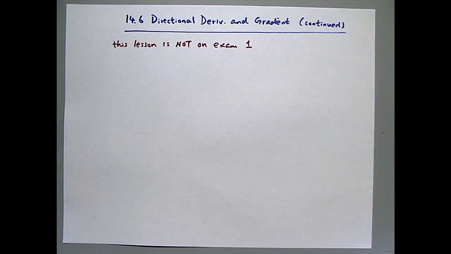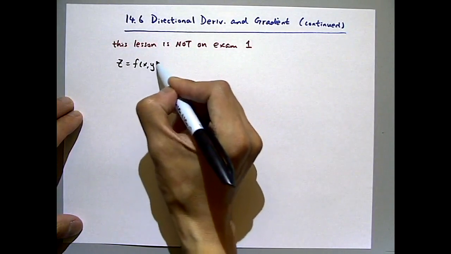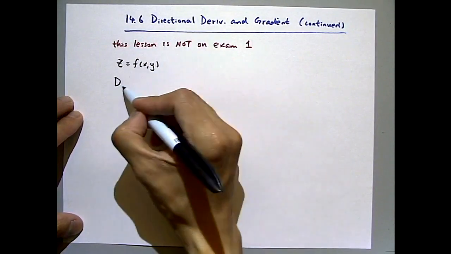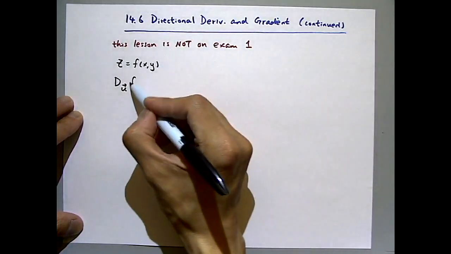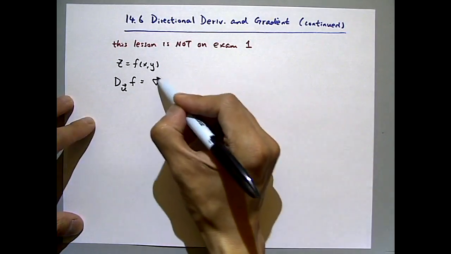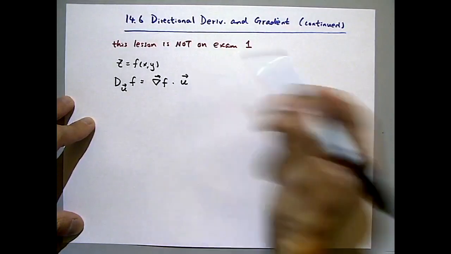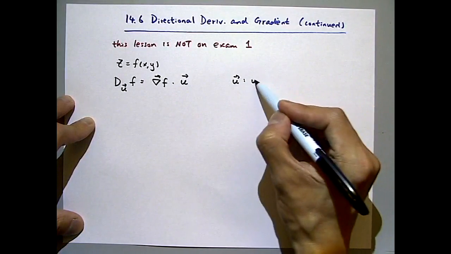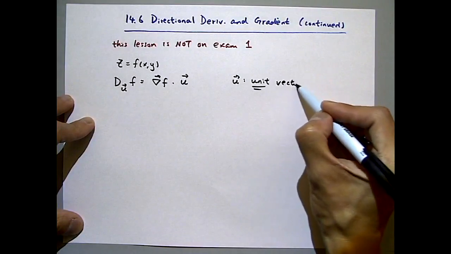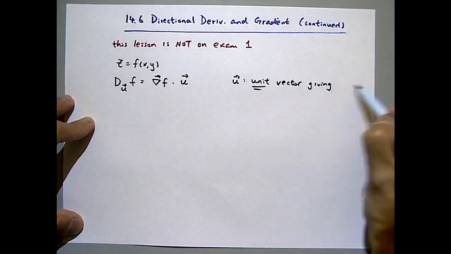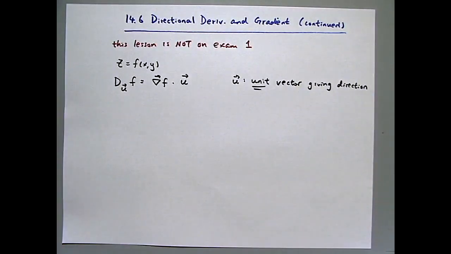All right, so last time we saw that if we have a function z is equal to f of x, y, the directional derivative, capital D subscript u, of f is given by the gradient of the function f dotted with some unit vector u. And remember, the key thing is that this u vector has to be a unit vector giving the direction, which direction you want to move.